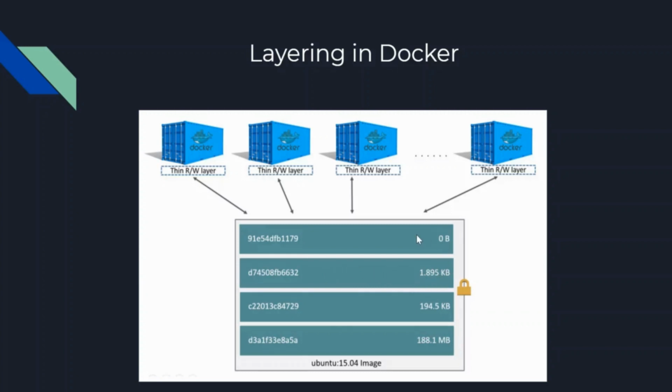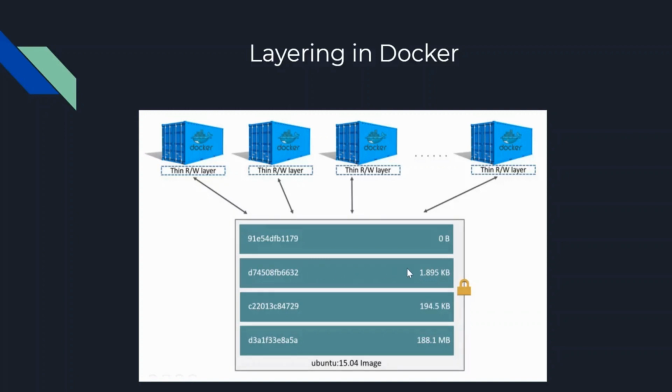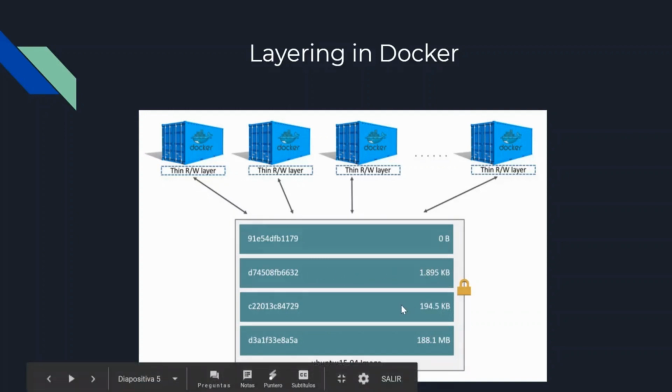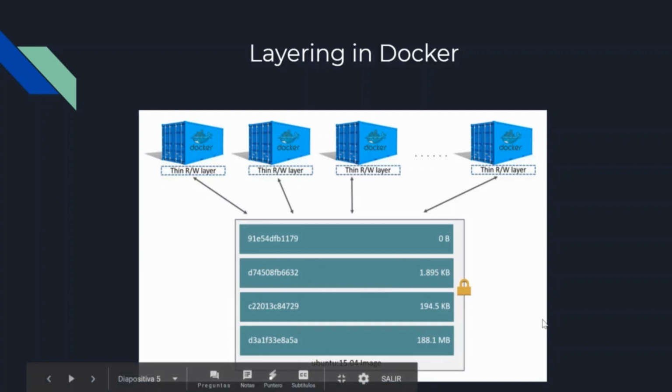But remember that the layers in the image are read-only, so you can't update this layer. Then what you can do is create a new image starting from this layer, which contains the web server, and then you just add a new layer here with your new source code. And basically you would have another image here which contains this layer and this layer, but this layer is different.